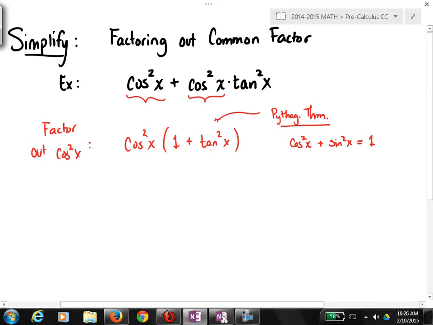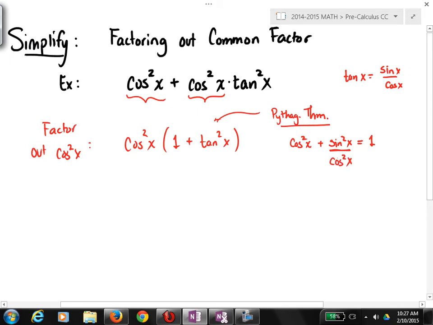Now, if you see tangents and let's say you forgot the Pythagorean identity associated with tangent, try to get tangent. I know tangent is associated with sine over cosine. So if I see a sine here, I'm going to divide this one by cosine squared of x.